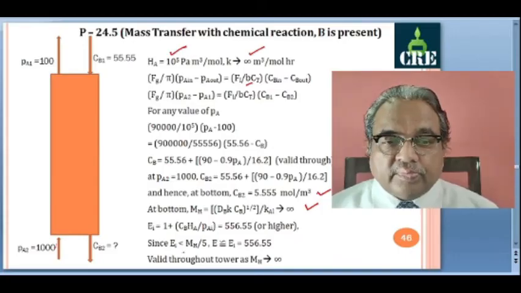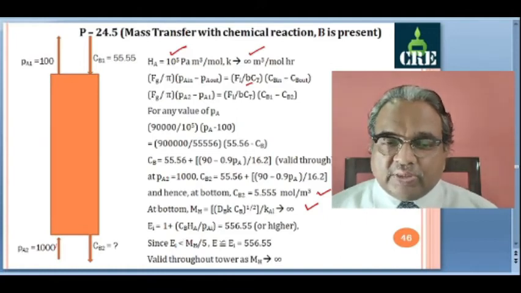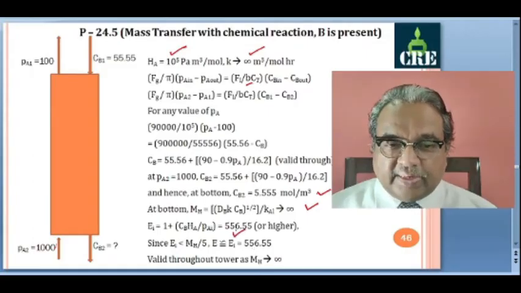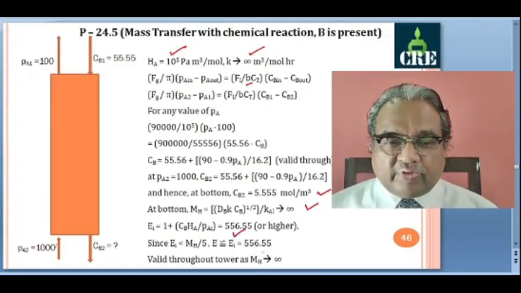Here EI, as MH is infinity, so EI will always be less than MH by 5 or MH whatever value. So this E is EI and that is this value 556.55.